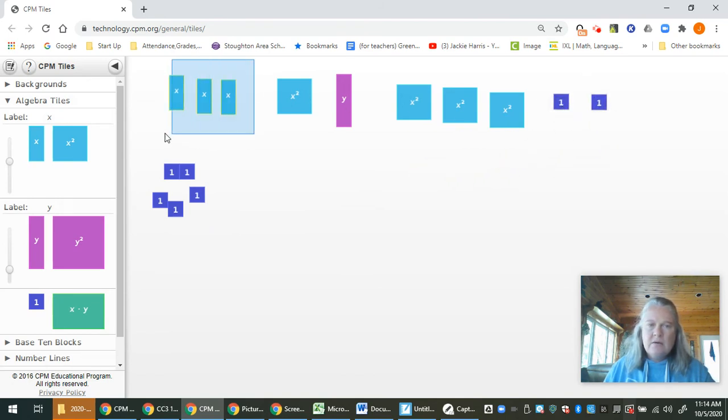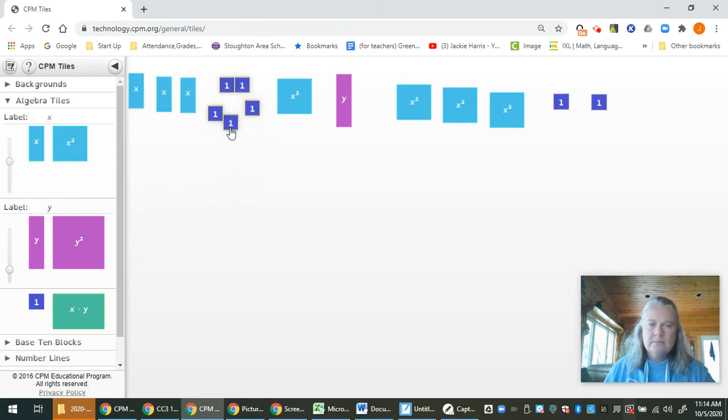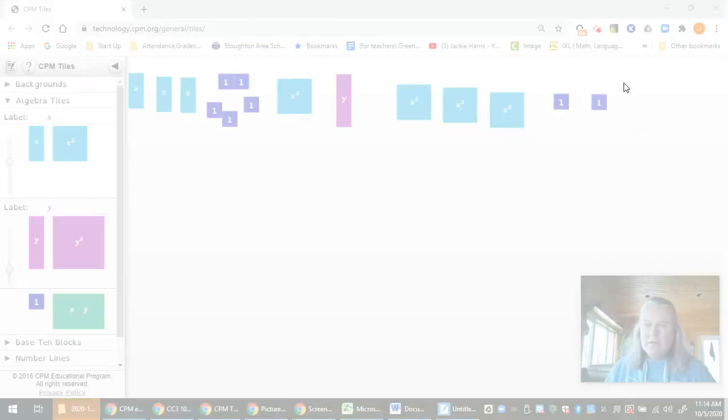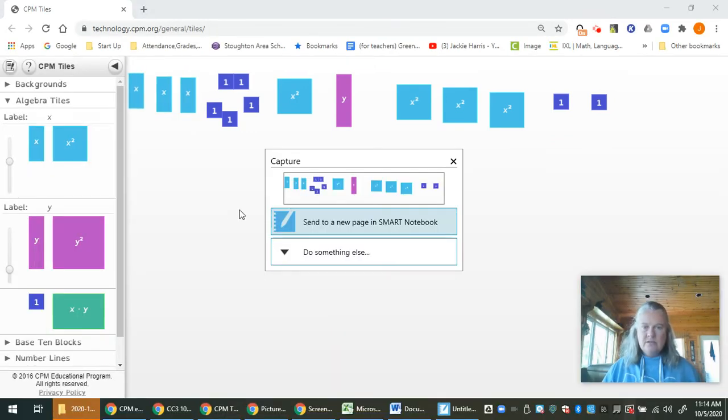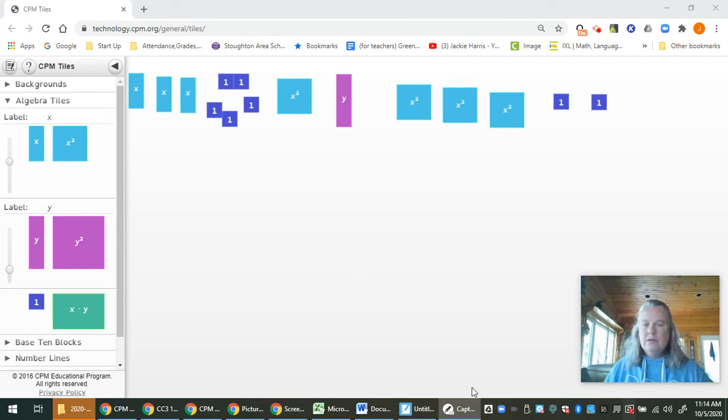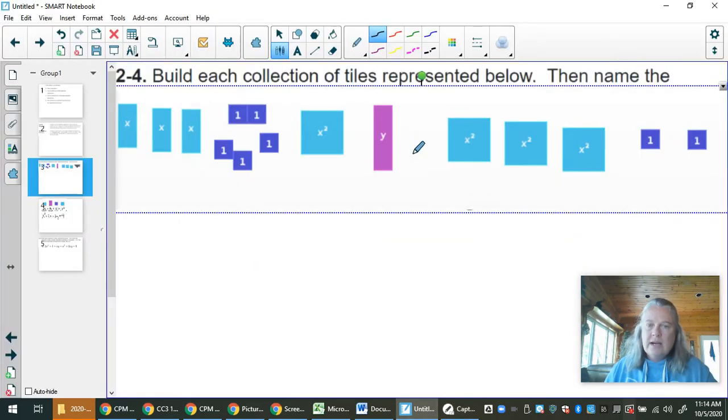So this is how it was presented to us originally. Well, I want to rearrange it so that it's easier to write out all of that.